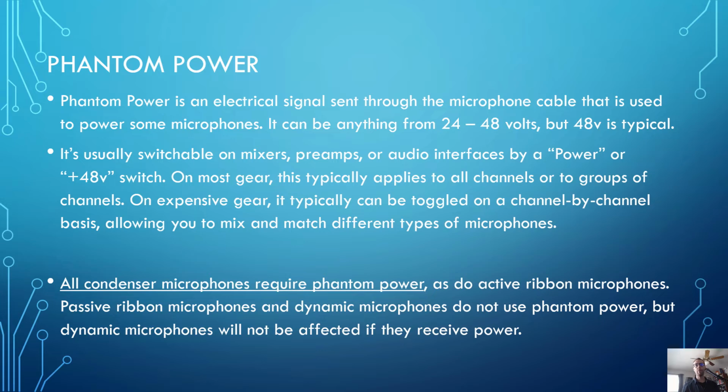For example, my portable audio interface is only 4 channels. It has one plus 48 volt switch that applies phantom power to all of those. So I could not use a passive ribbon on that with an active ribbon. On my studio interface, however, I can select which channel has phantom power out of all 16 channels.